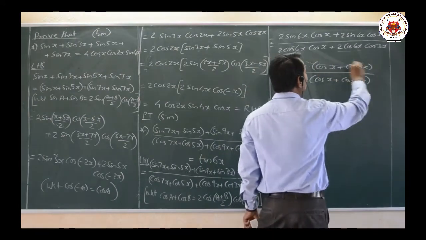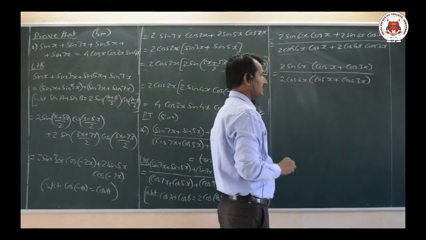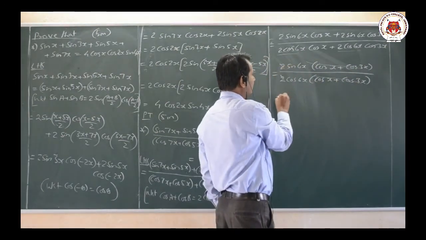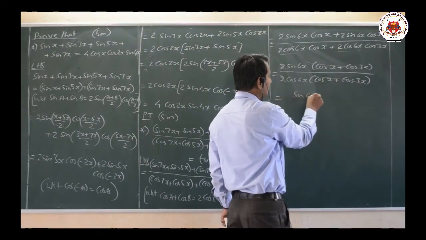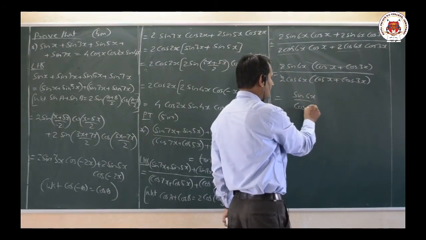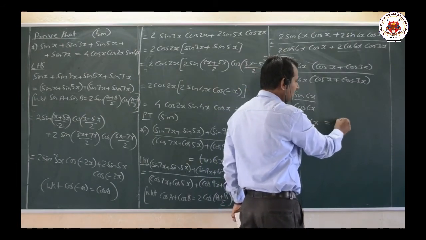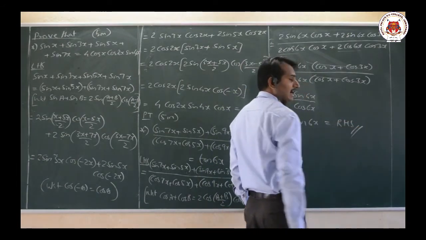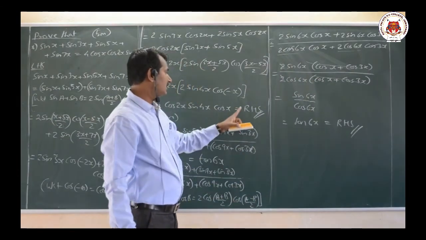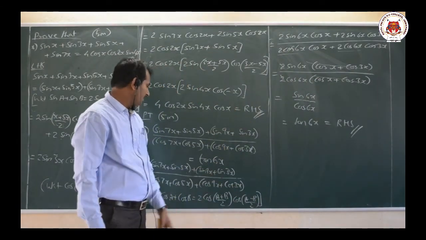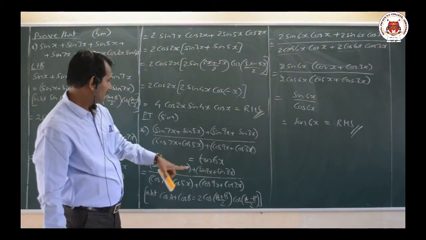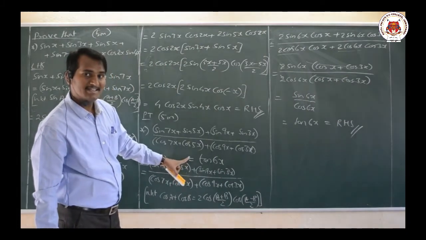Here I can observe that cos x plus cos 3x gets eliminated, 2 gets eliminated, and the remaining part is sin 6x divided by cos 6x, and that value will be tan 6x, and that itself is your RHS, your required result here. So it is equal to tan 6x.